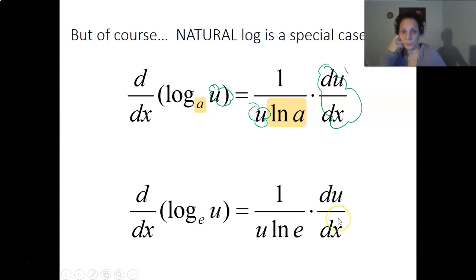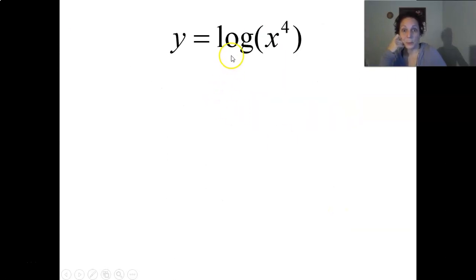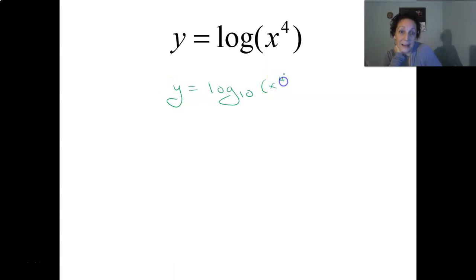Okay, let's do a couple. So these are the tricksters. These right here, when they just write log, just log. Because there's nothing there to say to you, hey, I'm a log in a base other than e, pay attention to me. If they just write log, remember that that is a log in a base 10.